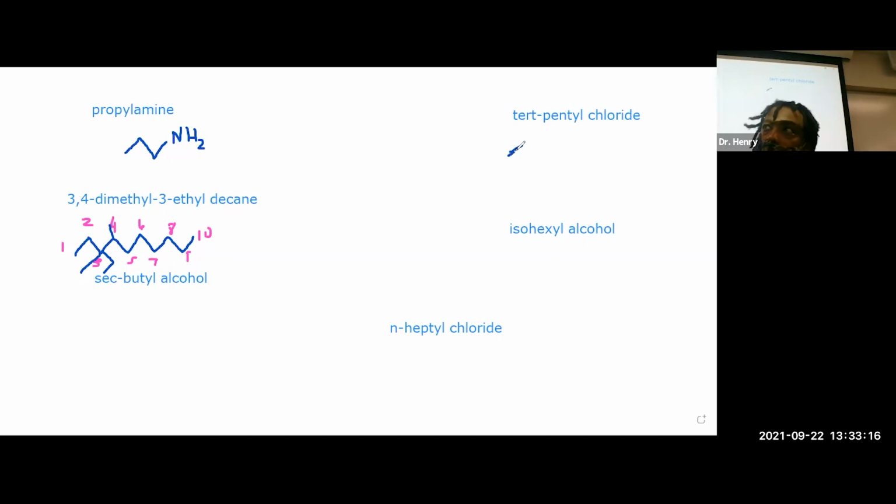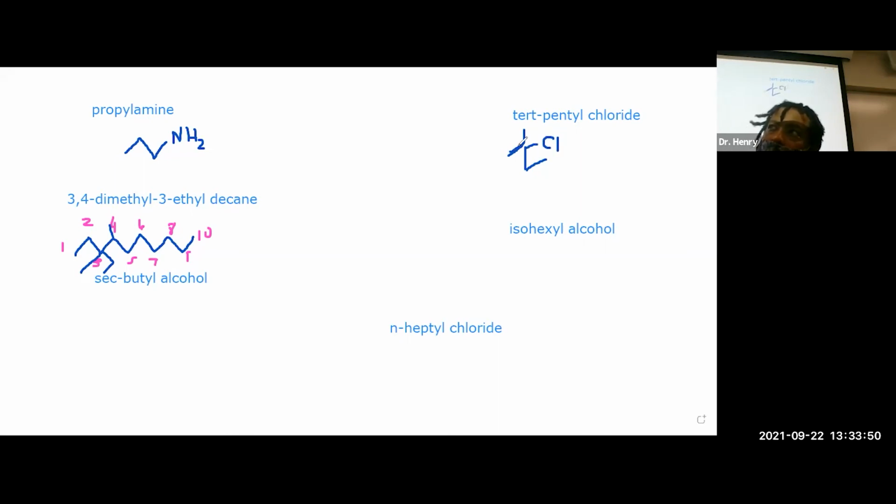So that's 1, 2, and then we'd have a carbon going up, a carbon going down, 1, 2, 3, 1, 2, 3, and then Cl here.